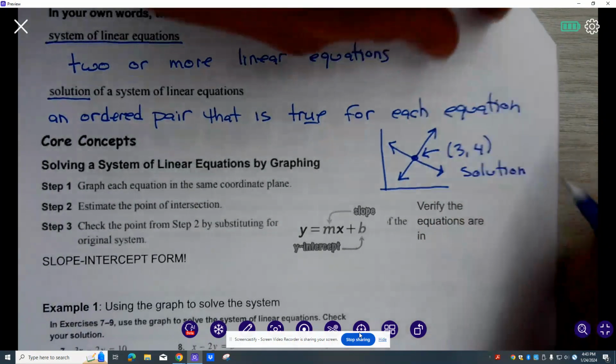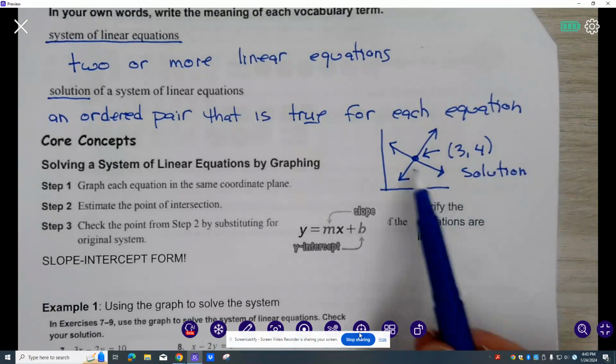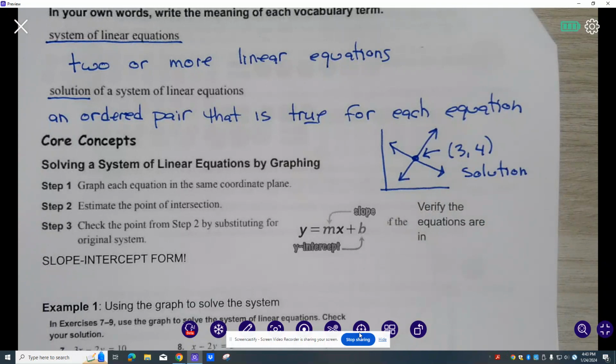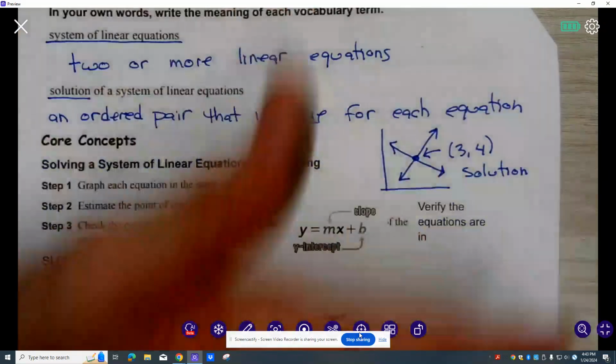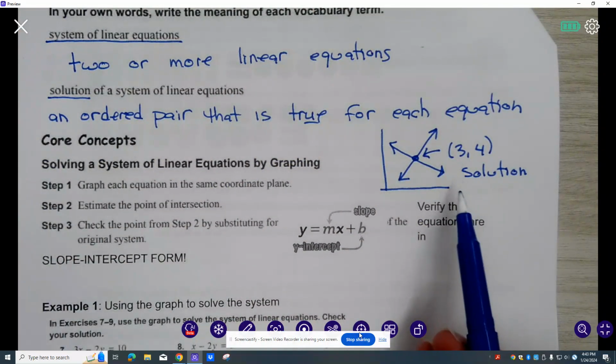So another way to think about it is a solution is the point where the 2 lines cross, or the point that the 2 lines have in common. Both of these lines have this point in common, or the point that they intersect at. So this is what we're doing all throughout chapter 5, finding that point where the 2 lines intersect.